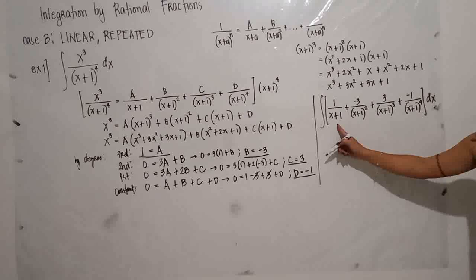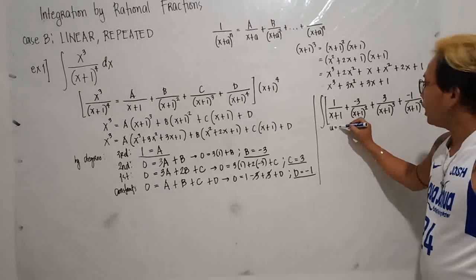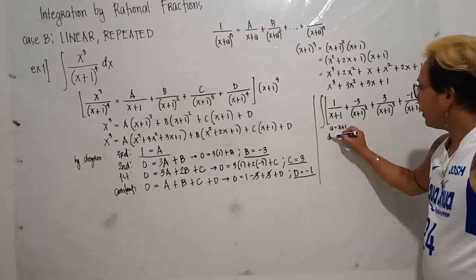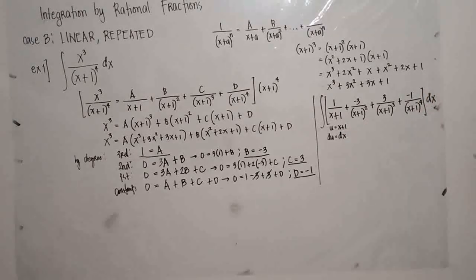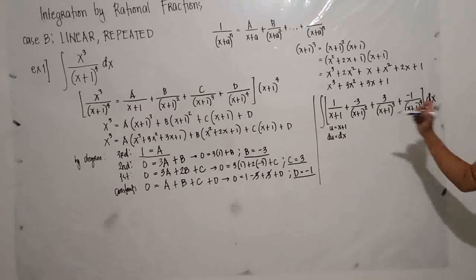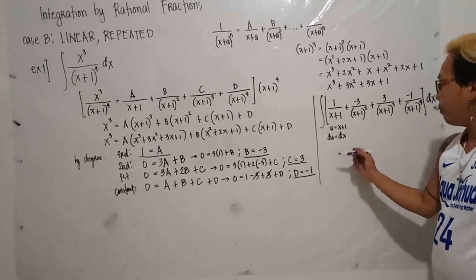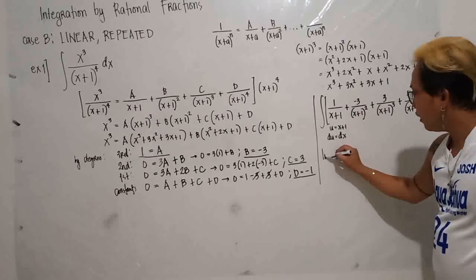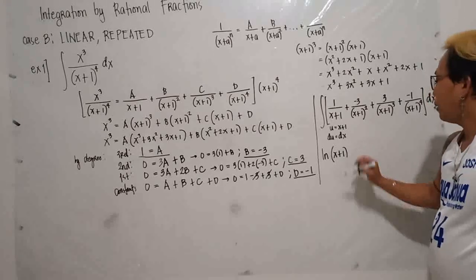So the first term can get through du over u by letting your u as x plus 1. Then you will have your du as dx. So you will now have du over u. Pero yung second, third, and fourth term will undergo our formula by simply having first term is ln of x plus 1.